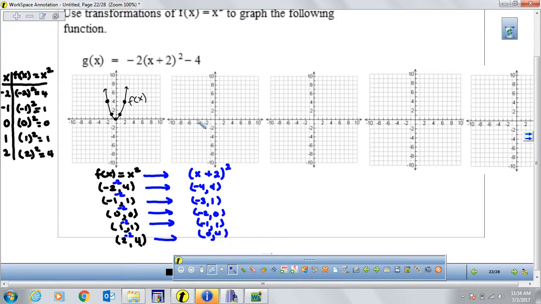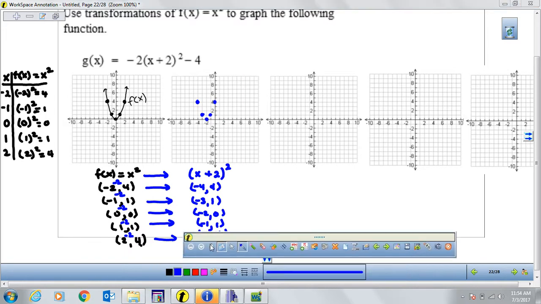So we have negative 4, comma 4, then negative 3 and 1, negative 2 and 0, negative 1 and 1, and 0, comma 4. The only thing that happened, as you can compare the two graphs, is that this graph was shifted to the left 2 units. From here to here, it was shifted to the left 2 units.